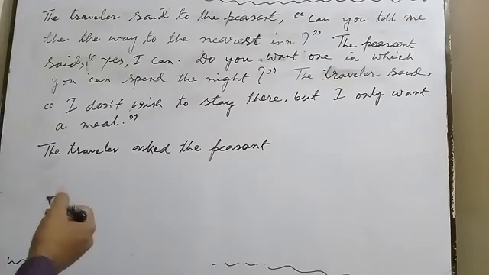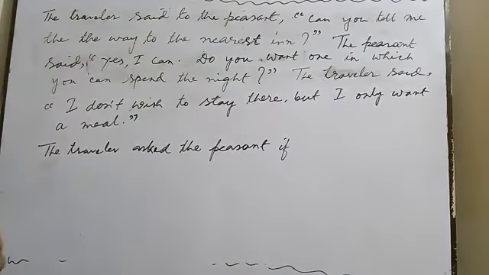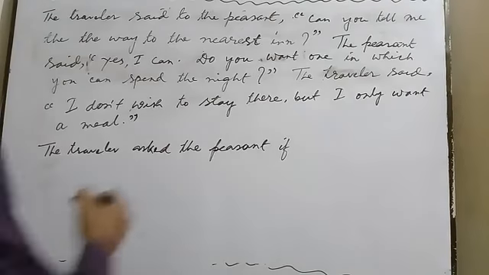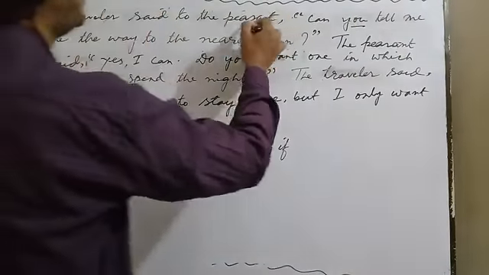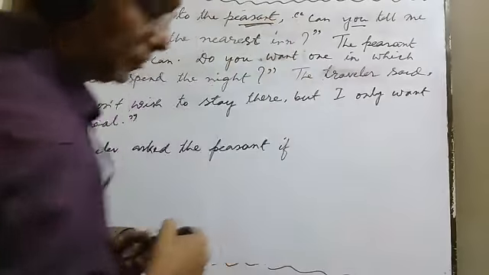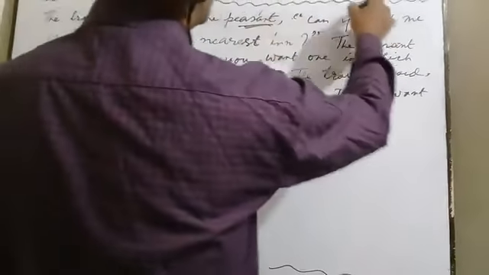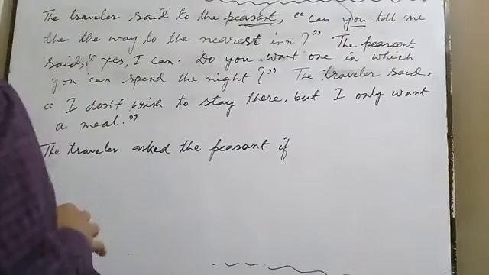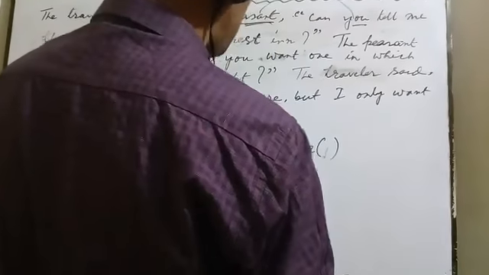Can you tell me the way to the nearest inn? Can you use the traveler? Sorry, you is the peasant. Use peasant. So peasant is you. So if he, P, peasant, you can write here this way.